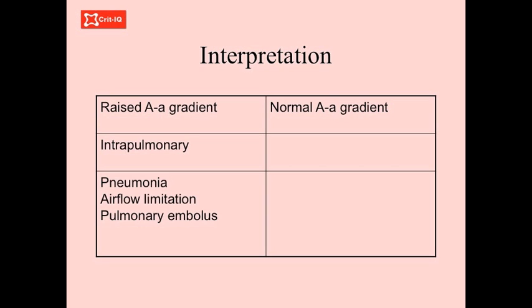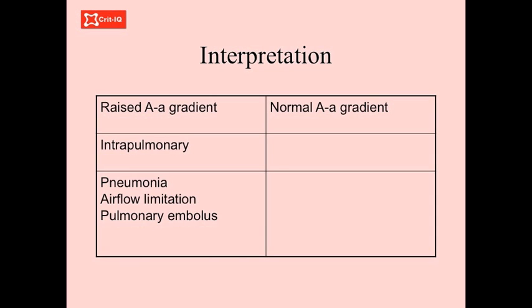This can be seen in pathologies due to flow limitation, parenchymal pathology, or large shunts. As a rule of thumb, every increase in 20 millimeters of mercury represents 1% of the cardiac output effectively being shunted past the lung.